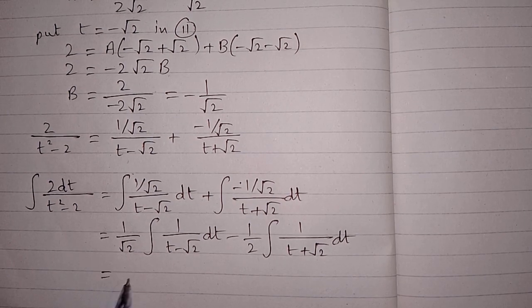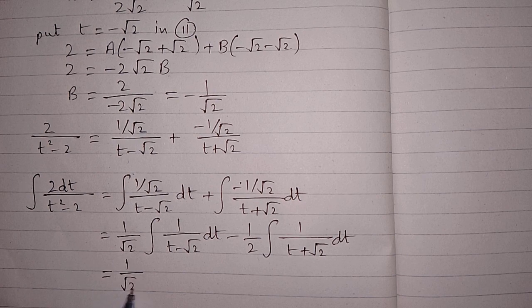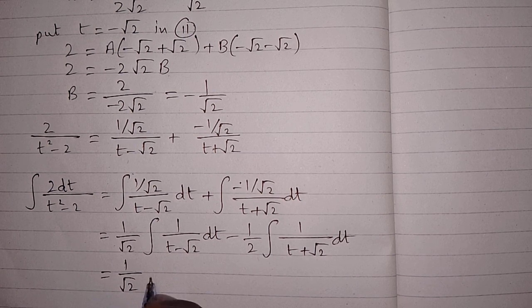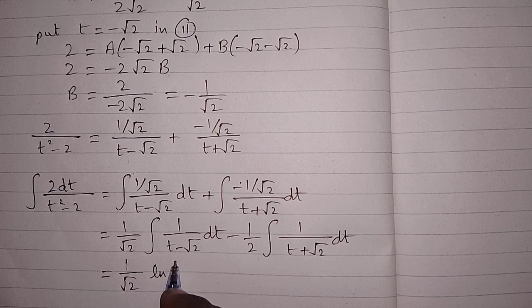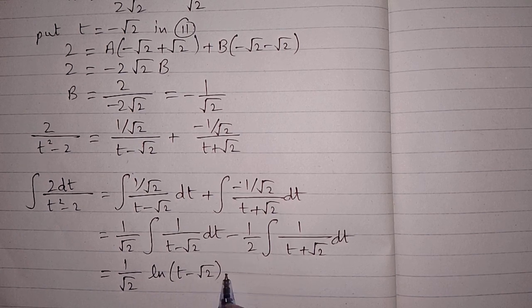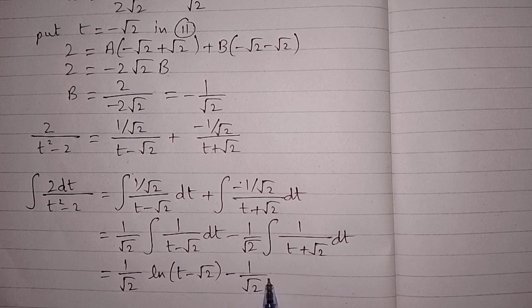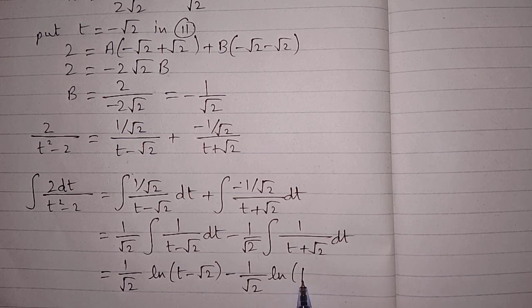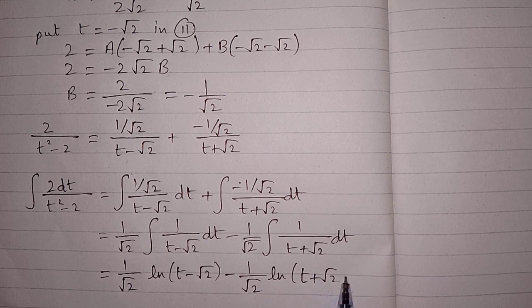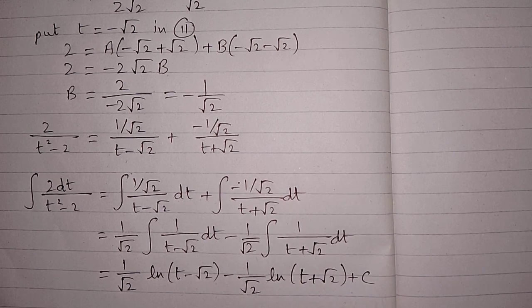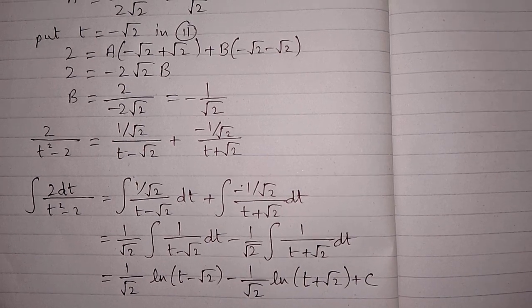Now we have a linear factor, so the integral of 1 upon t minus under root 2 is ln of t minus under root 2 minus 1 upon under root 2 ln of t plus under root 2 plus c, where c is the constant of integration.